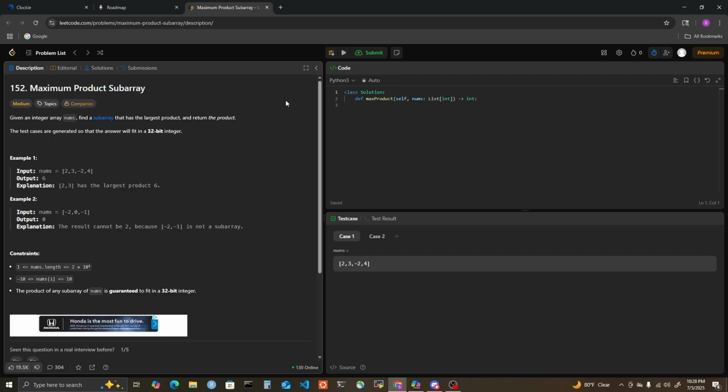Alright. Given an integer array nums, find a subarray that has the largest product and return the product. The test cases are generated so that the answer will fit in the 32-bit integer. Ooh, it's a decision tree here.